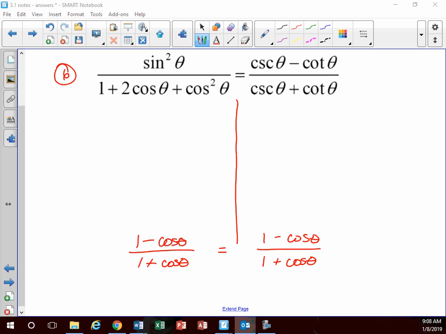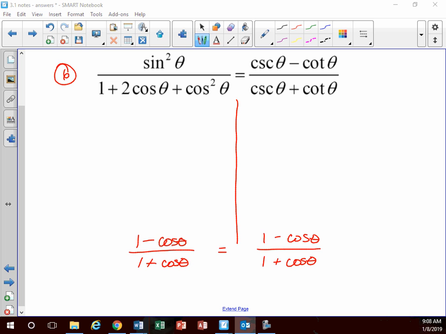So that numerator. Now I'm looking at it. Right, right.